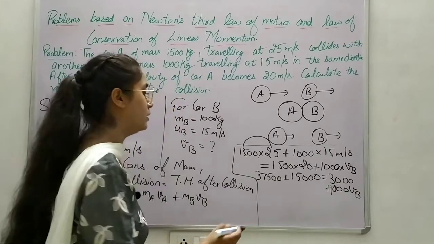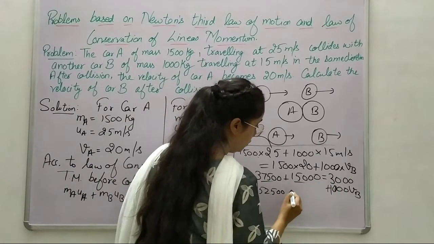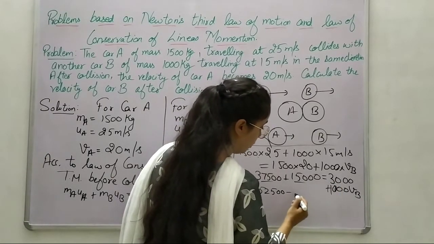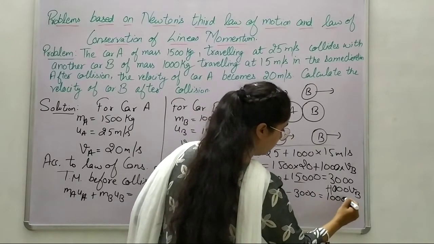Now this plus this is 52500. And this one will go here, negative of 3000 equals 1000 VB.